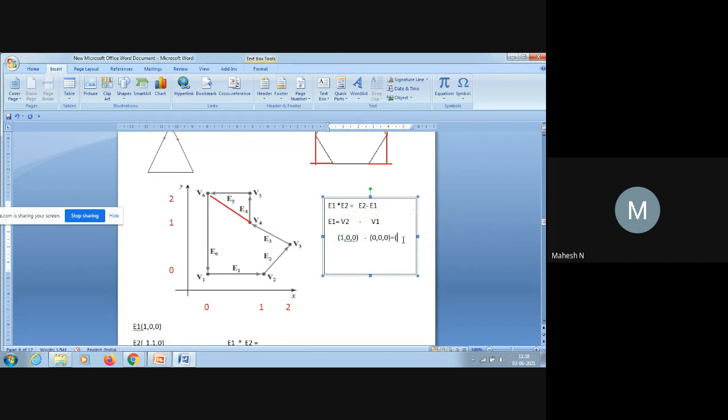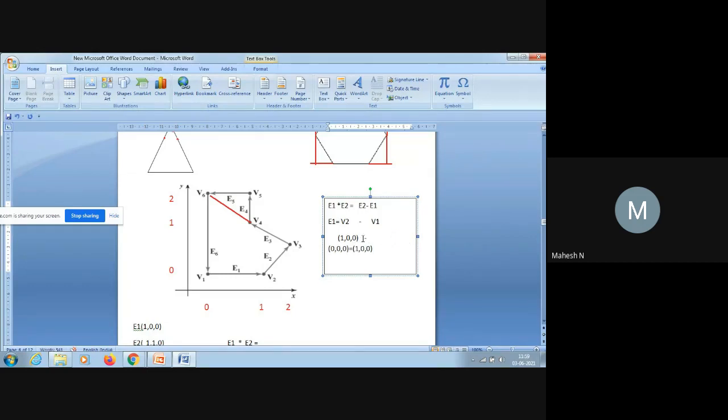So V2 minus V1 for x becomes 1. On the same lines, y-axis of V2 is 0, y-axis of V1 is 0. So in V2 minus V1, the y-axis is 0 and z-axis is obviously 0.